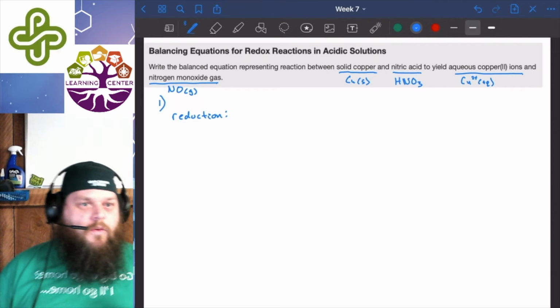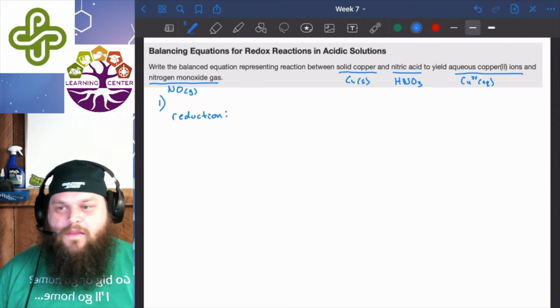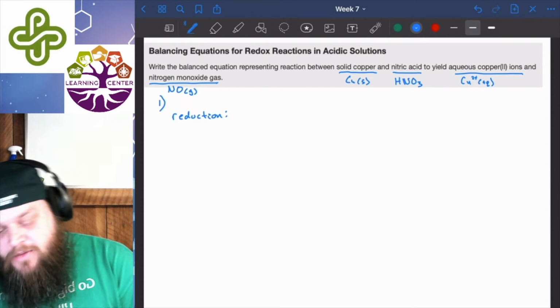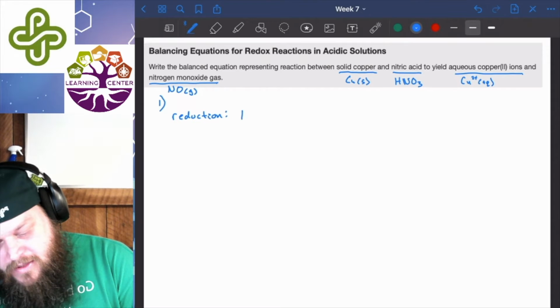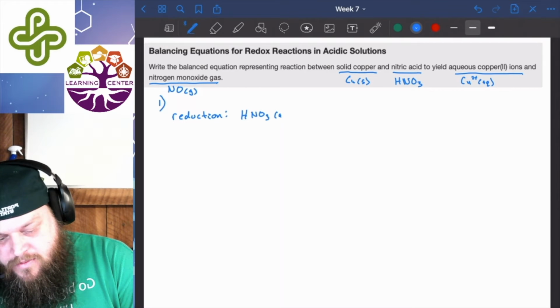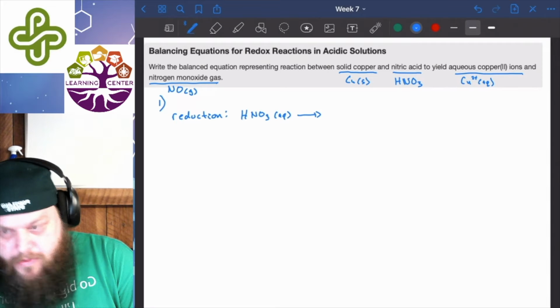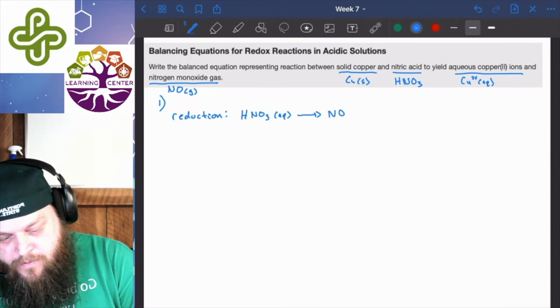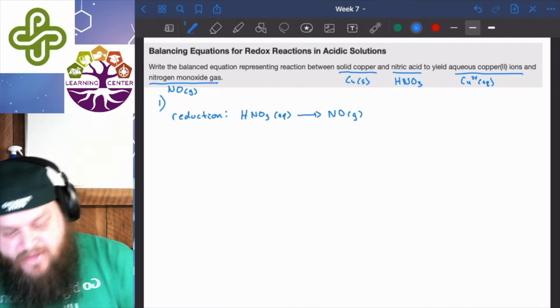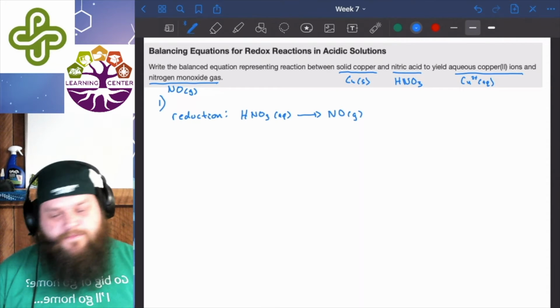Just to make sure we know the compounds that are going into these, we can then start to see what the reaction is going to be for these things. So the reduction reaction is taking this HNO3, this nitric acid, which is aqueous because it's an acid floating in water, and it's going to produce this NO gas. That's the basic skeletal structure of the reduction reaction.